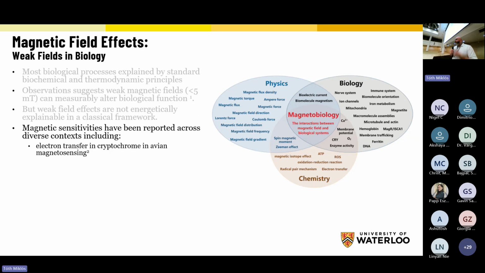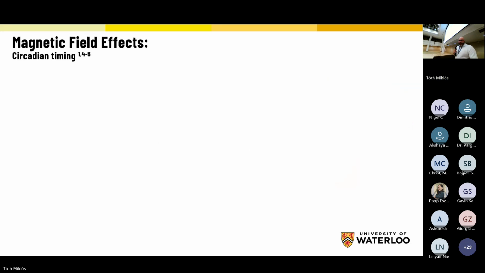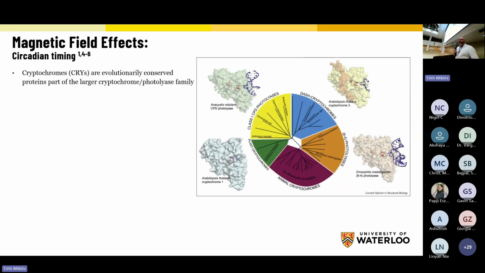Now, beyond avian magnetoreception, there are some other areas where magnetic effects can occur in biology. The first natural place to look is circadian timing. So circadian timing or circadian rhythm involves the role for cryptochromes in mammalian cells or in animal biology.